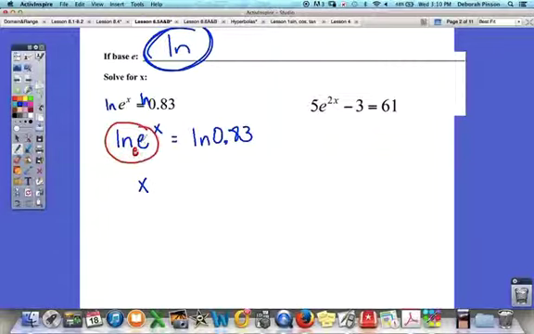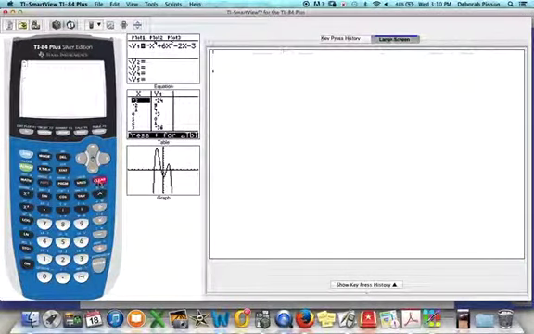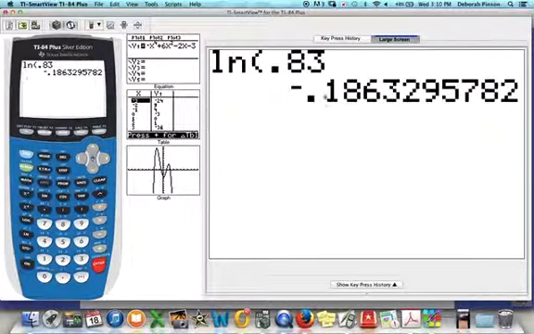The shortcut said if those simplify out, you'll end up with just the x. It's like you could pull it to the front. Natural log of 0.83. So if I put that in my calculator, I know what my answer is. So let me clear that out. Natural log of, what was the number again? 0.83. So negative 0.19.